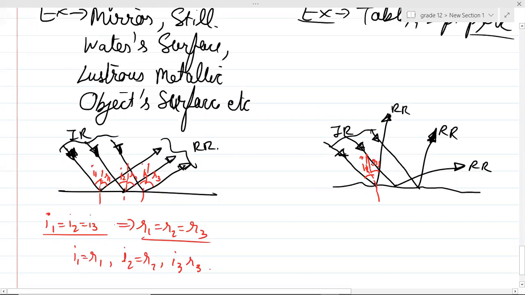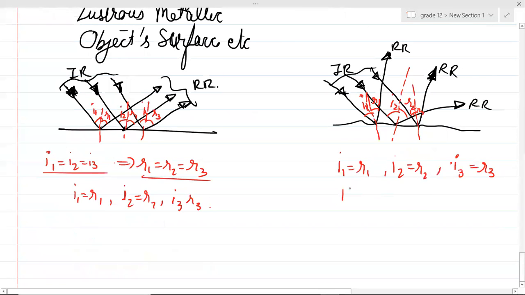In this case also, I1 is equal to R1, I2 is equal to R2, and I3 is equal to R3. So can you see over here, in case of irregular reflection also, the laws of reflection are valid, but here I1 is not equal to I2 and it's not equal to I3. Can you see the difference between both of them?